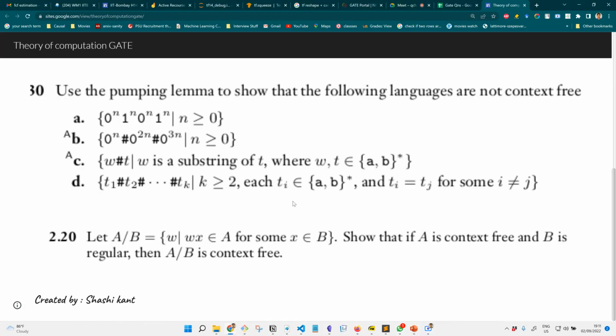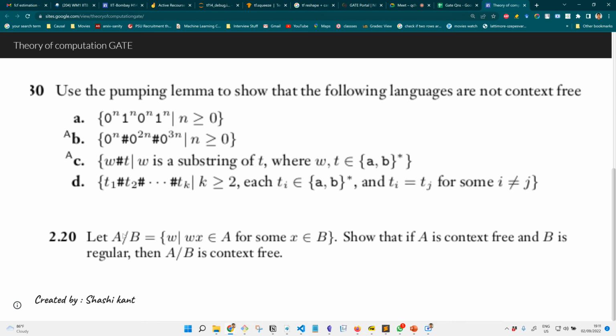I just want to know what is the division. It's not a division operator; this is an operator they are defining. A slash B is maybe not a standard operator. For the purpose of this question, they are assigning this meaning to the slash operator.